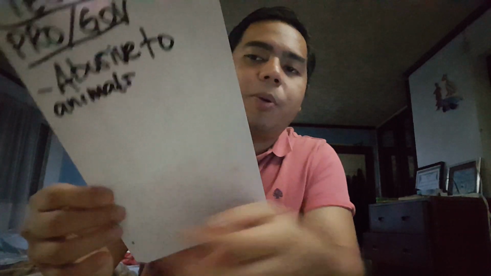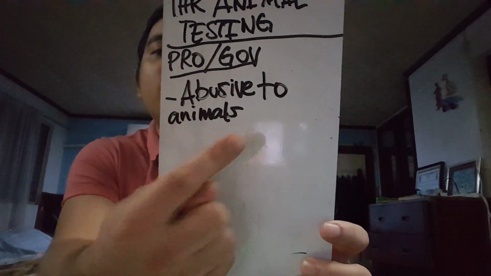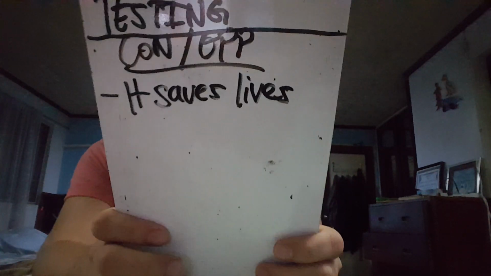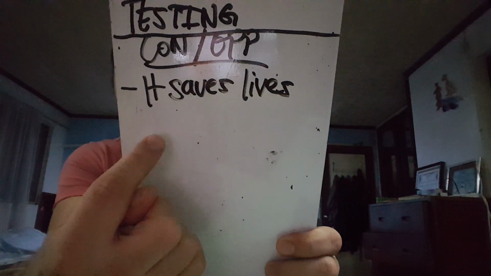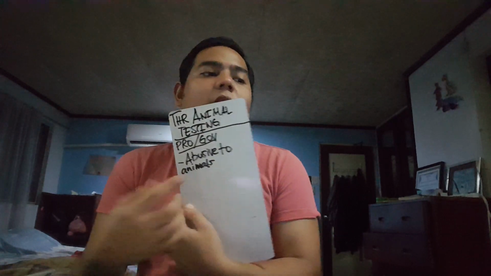So, for example, in developing an argument, here's the opinion that I placed. For the government or pro side, my opinion is that it's abusive to animals. But for the con or opposition side, it saves lives. What these are, as of the moment, is called an opinion.